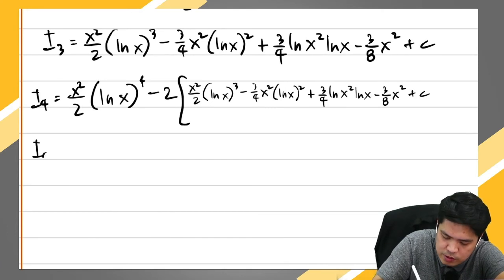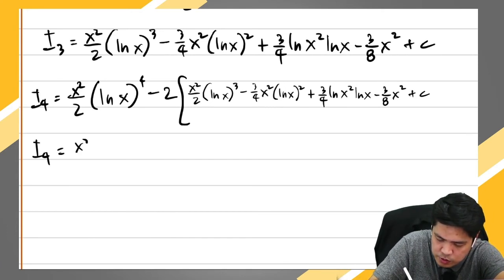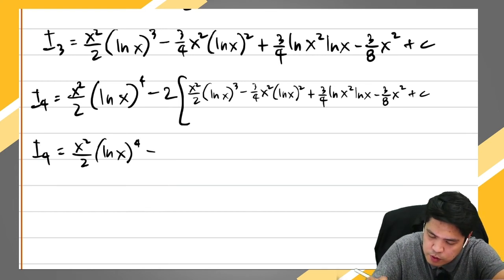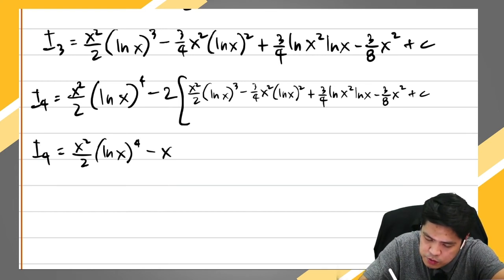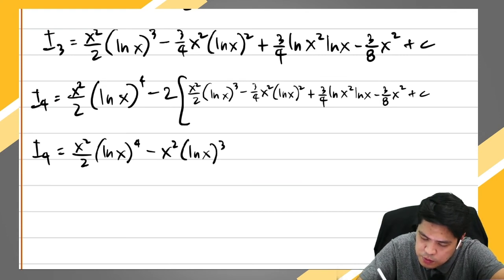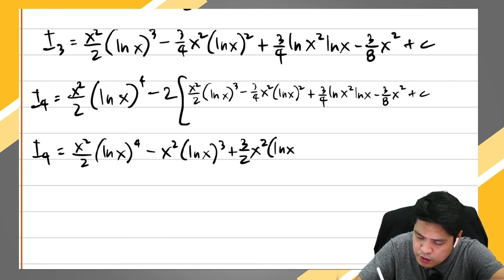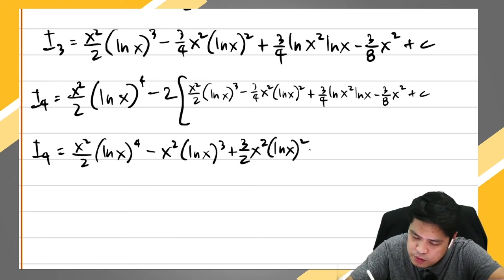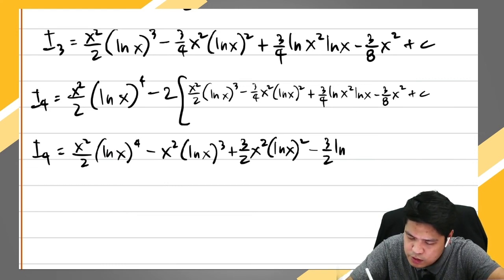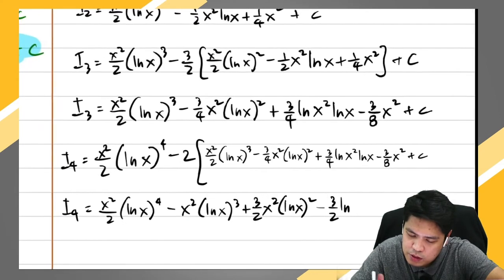So I sub 4 is equal to x squared over 2 ln x raised to 4 minus x squared ln x cubed plus 3 halves x squared ln x squared minus 3 halves, sorry, wala palang ln.